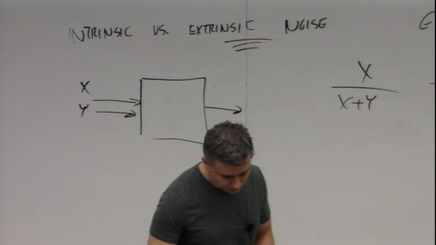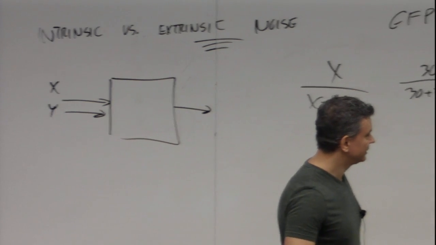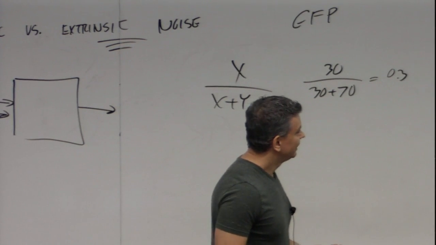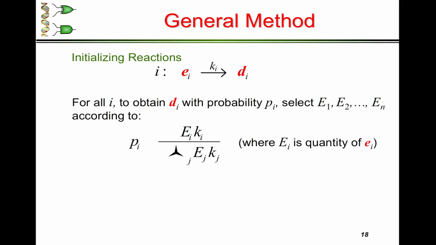Okay. Now, I'll ask you guys to do this calculation because it definitely seems simple, but it's not quite as simple as it seems. Because if we want to obtain a particular outcome with a probability, how do we select the ratio of the inputs?